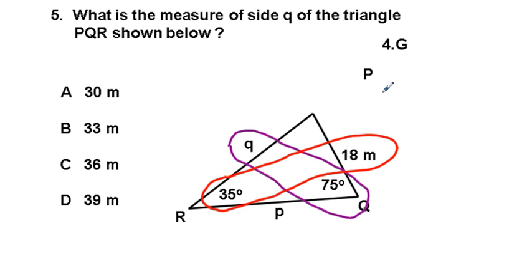Therefore, we can set up an equation to solve this, and we're going to have side Q opposite sine of 75 degrees is equal to 18 meters opposite our sine of 35 degrees.